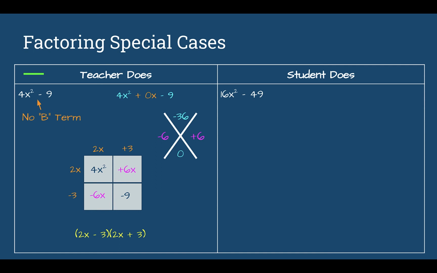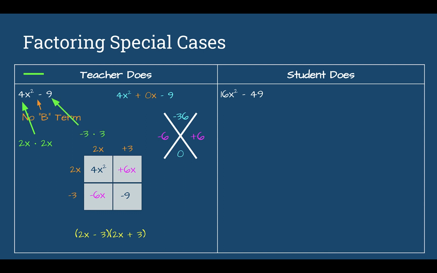One of the cool things about these special cases is even if it's a complex polynomial here, they still follow patterns. If you notice, that first term, because it had to be the same both times, to get 4x to the second power is the same as 2x times 2x.